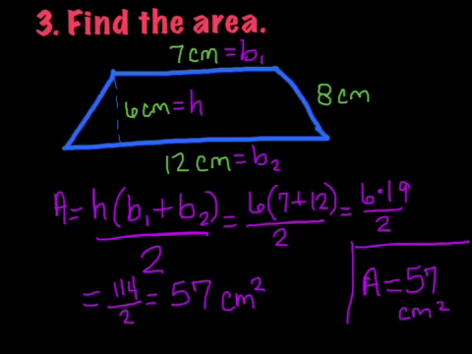So we just found the area of a trapezoid. So it was our height, the sum of our two bases, base 1, base 2, and then we got that divided by 2. So 7 plus 12 was 19. 6 times 19 was 114. And then we had to divide that by 2, which gave us 57 centimeters squared.